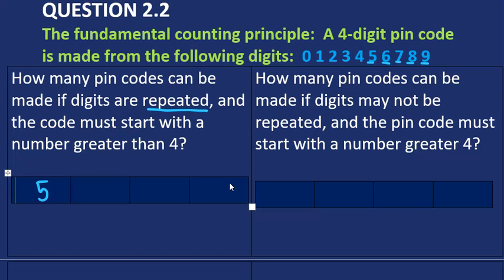So it doesn't matter what you chose as your first digit. For your second digit, you still have 10 options to choose from, and for your third digit and for your fourth digit, because the digits can be repeated, and the only restriction here is that this pin needs to start with a number that's greater than 4.